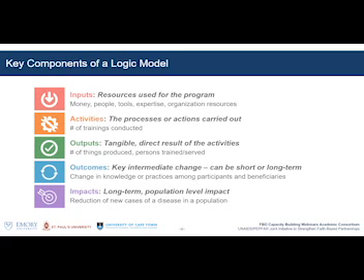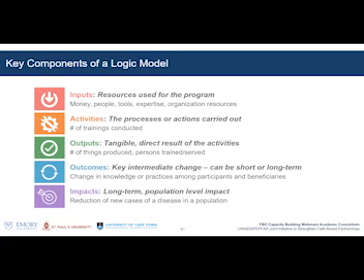Those are the resources used for the program, things like money, people, their expertise, different tools, things like a curriculum or different organizational resources. So a lot of different kinds of resources are considered as you think about what you need to accomplish. What do you need to accomplish it with?